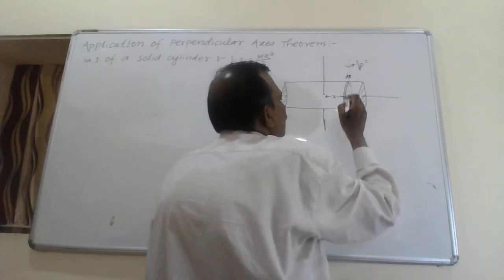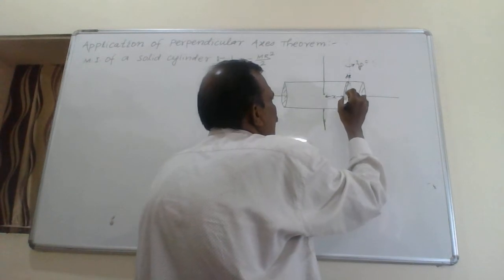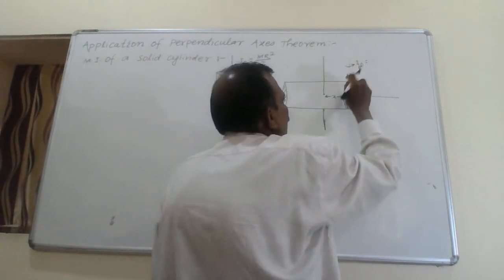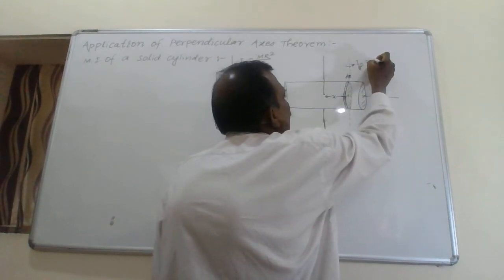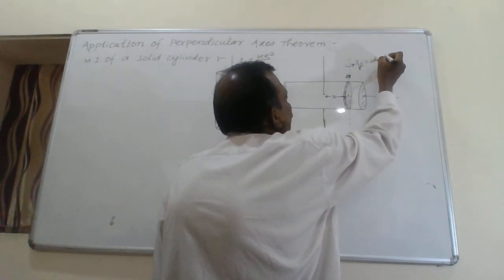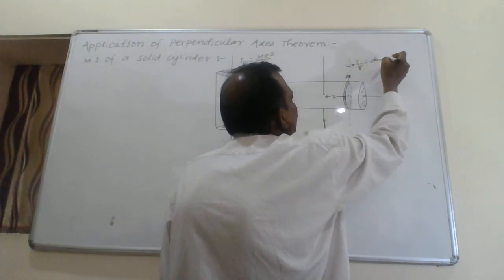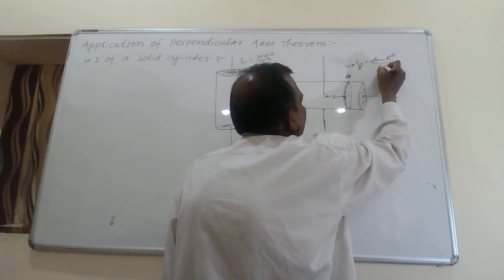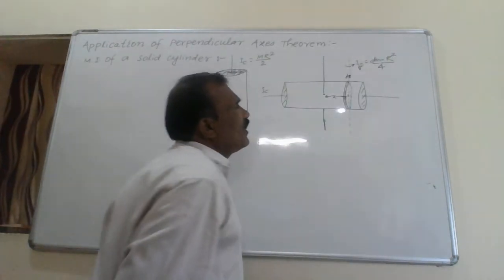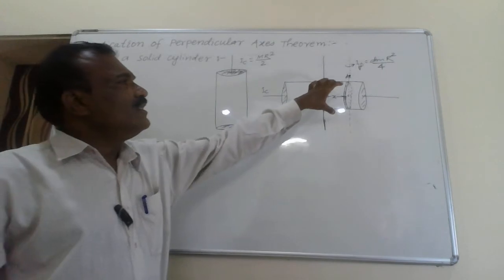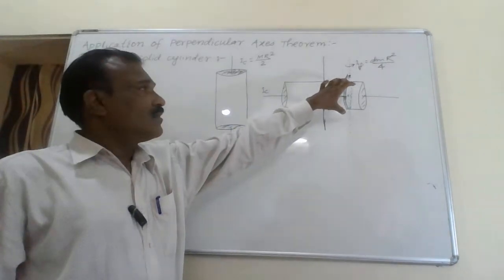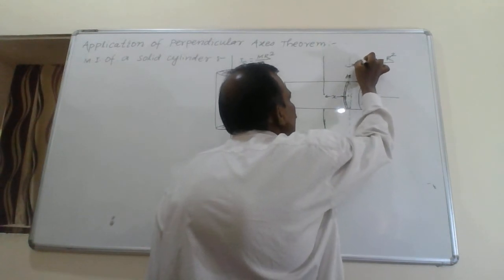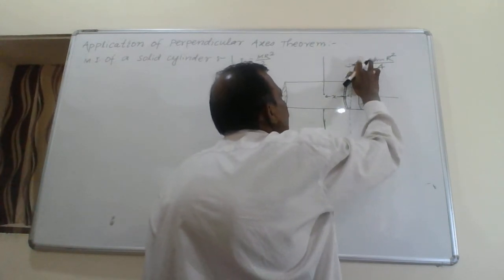Suppose small m, or dm, is the mass. So dm into r square divided by 4. So this is the moment of inertia of this elemental disc, and we can take this as a dI also, or we can take this as an ID.